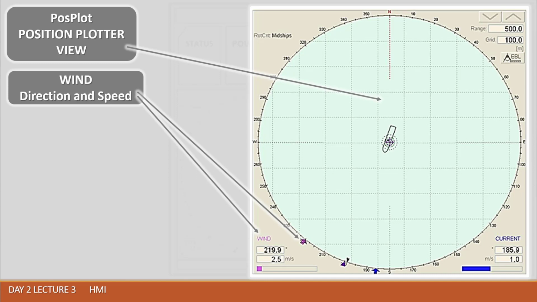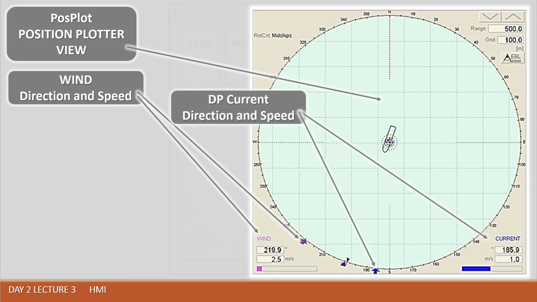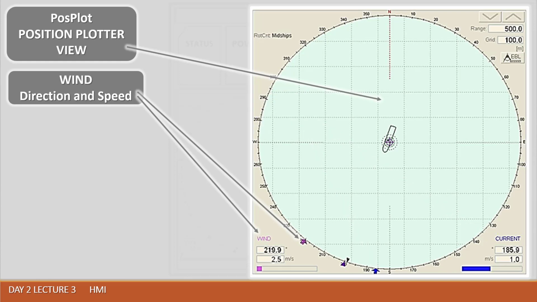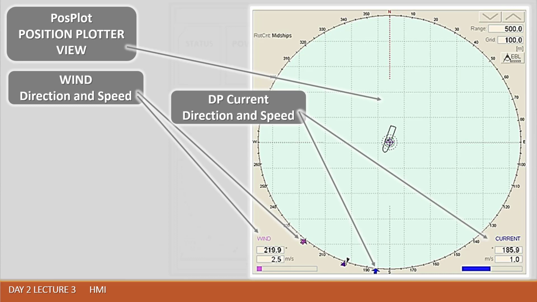At the right side bottom corner of the position plotter, we can see the DP current information, direction and speed of the DP current parameter. The blue arrow indicates graphically the direction of the DP current.